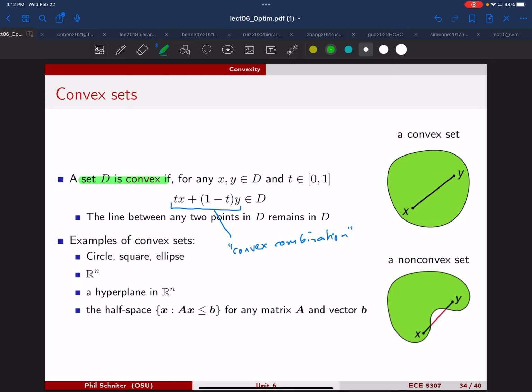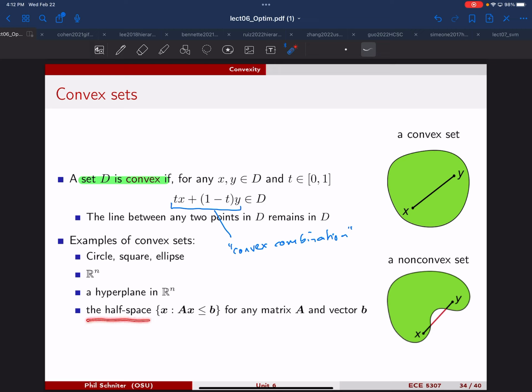And then here are some examples of convex sets. Circles are convex, squares are convex, ellipses. If you're working with vectors in Rn and you consider the entire space Rn, that's convex. Hyperplanes are convex, so if you have a plane or a line cutting through a space and you restrict yourself to that plane or that line, that's going to be a convex set.